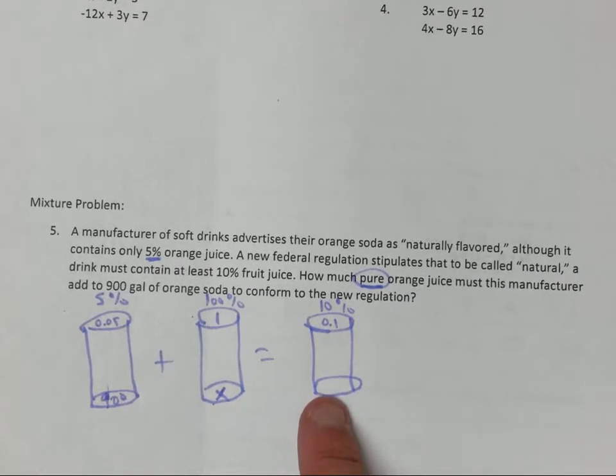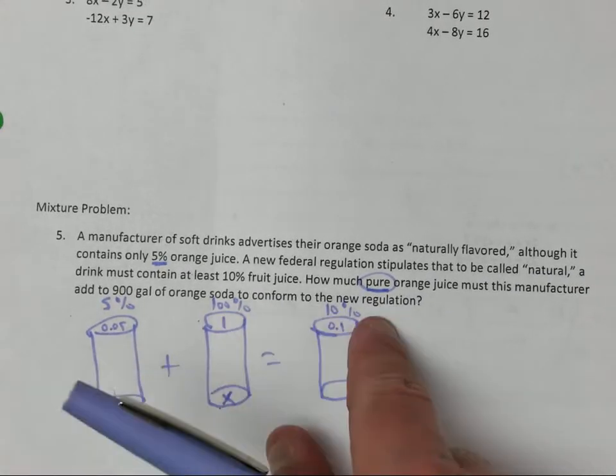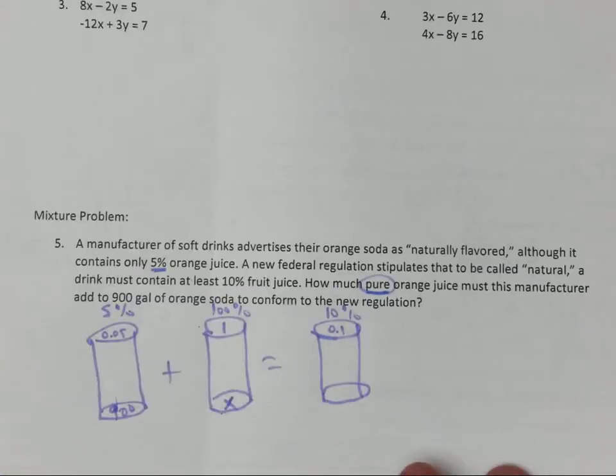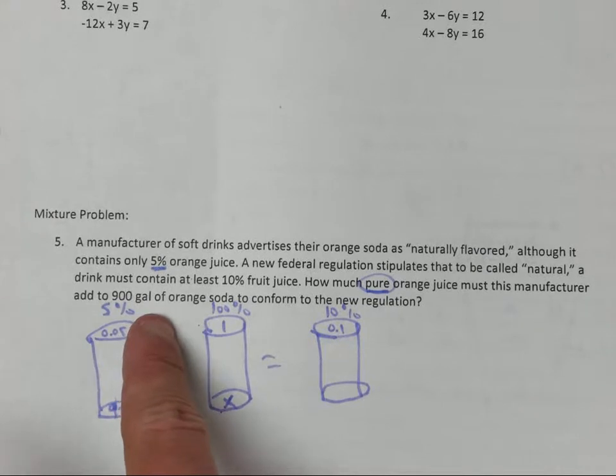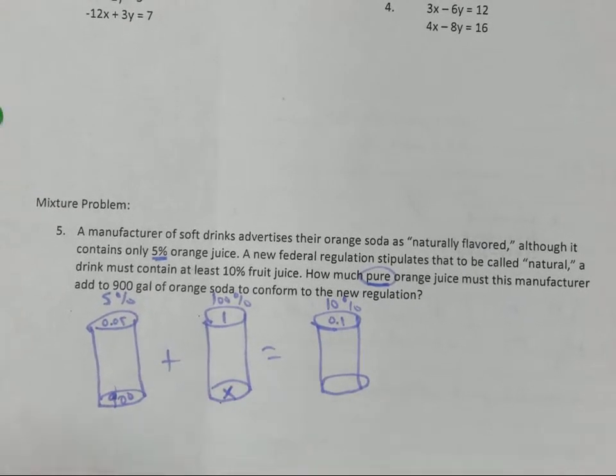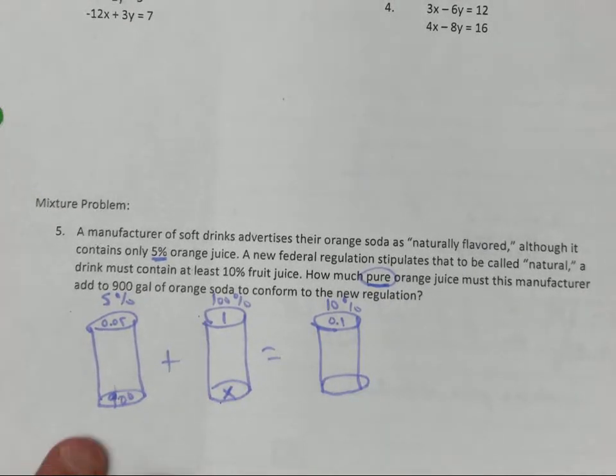Now, what am I going to put here? So this is my percentage right here. This is how much quantity I have. I don't know how much pure orange juice. I know that I'm going to add it to 900 gallons of orange soda. So what could I put here? I want you to think about that a minute. I have 900x. What could I put there?